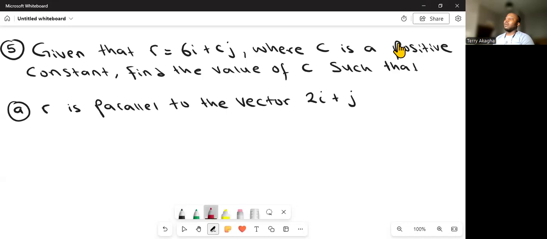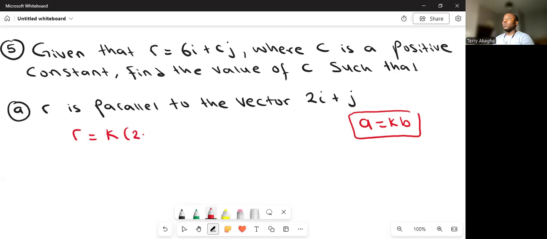So remember, I told you for two vectors to be parallel, a must be equal to kb. So therefore for r to be parallel to this vector, r must be equal to k times this vector 2i plus j, okay? But we know that r is 6i plus cj.